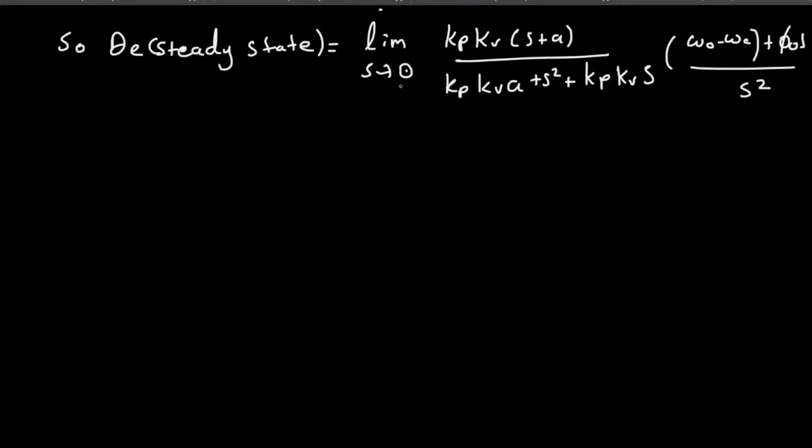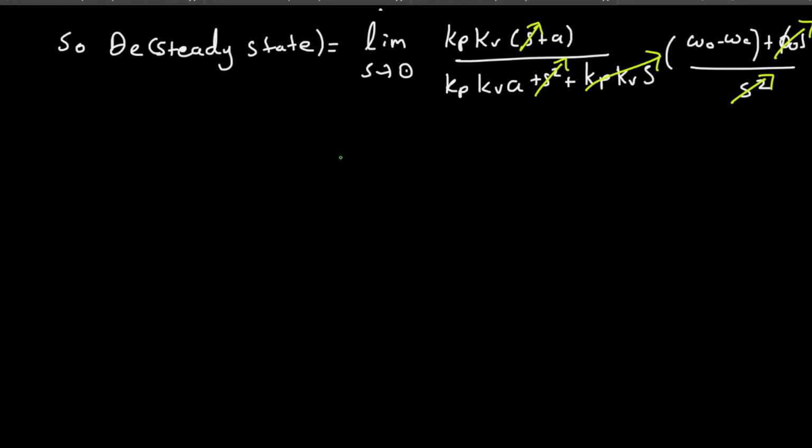Now if we substitute 0, then this is going to be 0 right here, and this term is going to be 0, this whole thing is going to be 0, so we are left with these two terms. And for this one, this is going to be 0 and this is going to be 0.